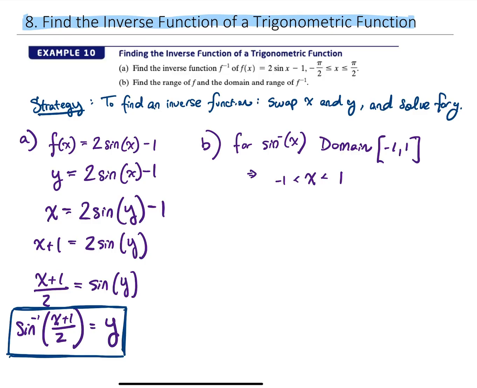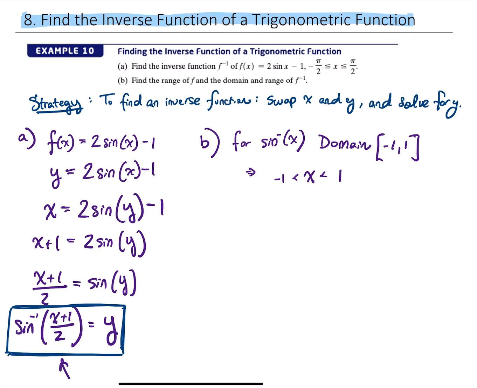But we have something a bit more complicated. We have this statement, the inverse sine of (x plus 1) over 2. Well, we can set up a similar inequality here.